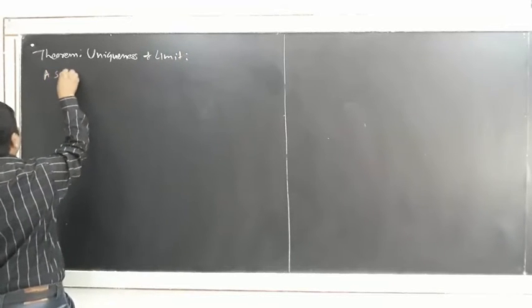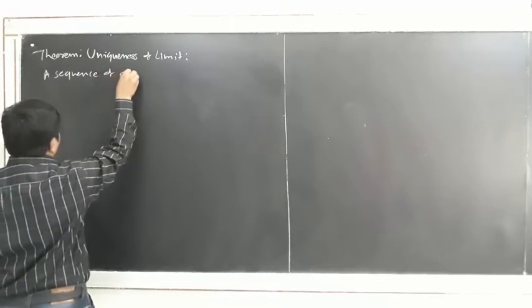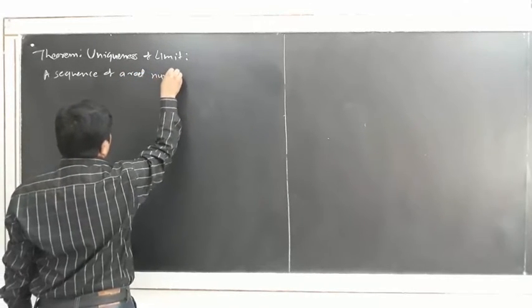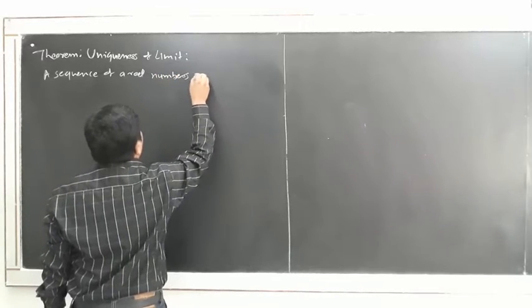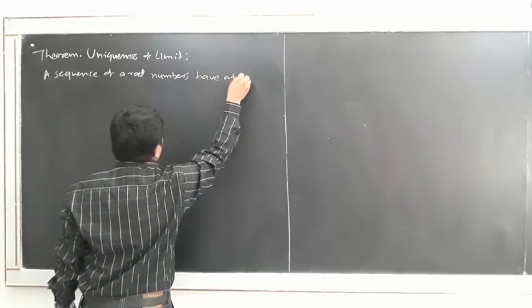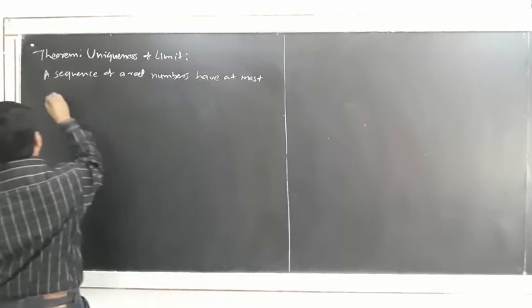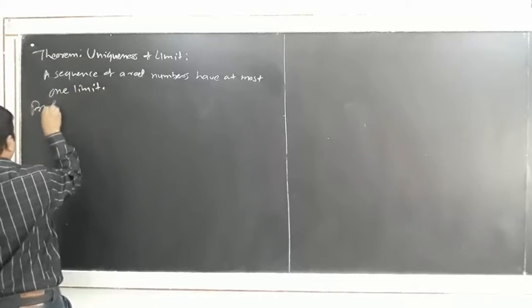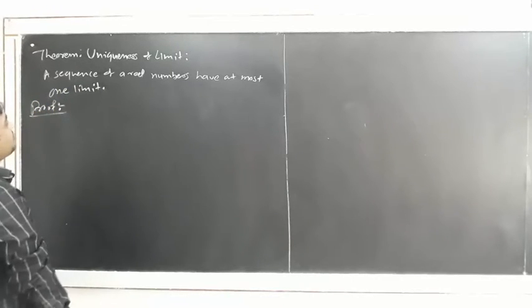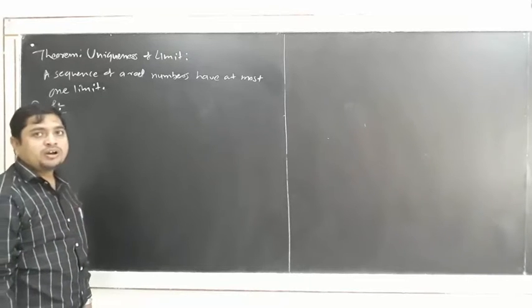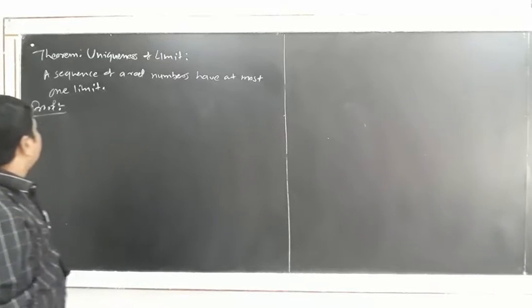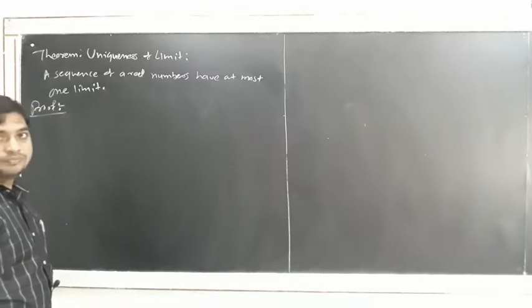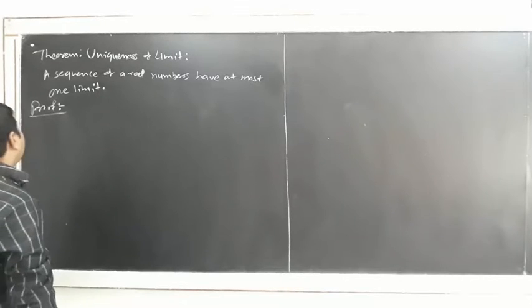A sequence of real numbers has at most one limit. Proof. A question may be asked: state and prove the uniqueness theorem, or prove that a sequence of real numbers has at most one limit. Okay, so we will try to prove this.